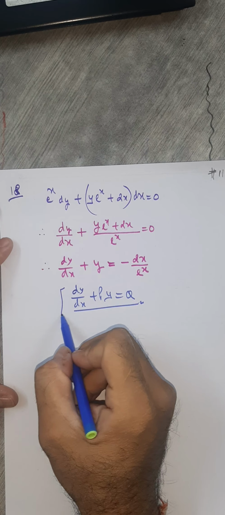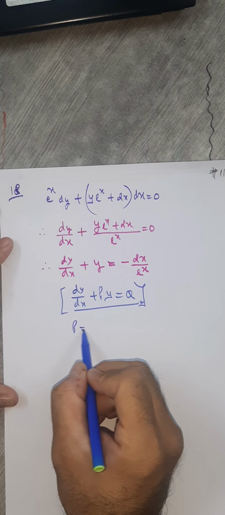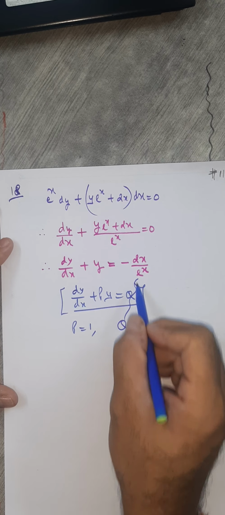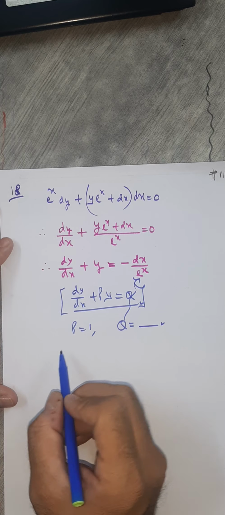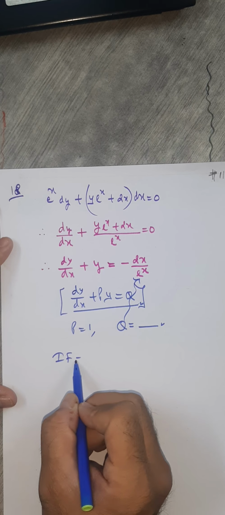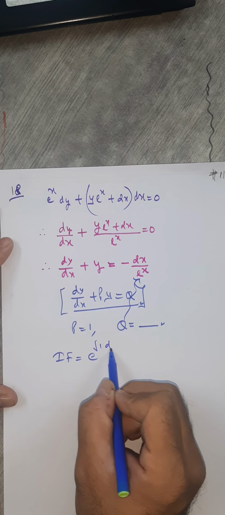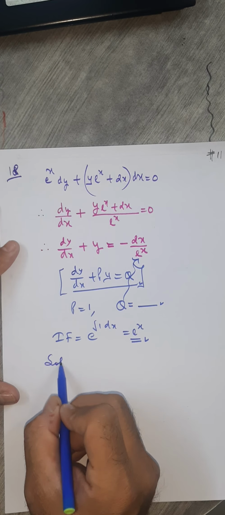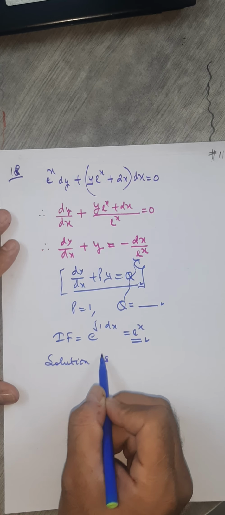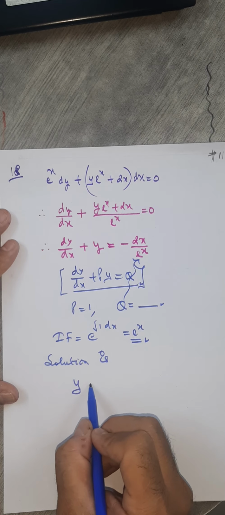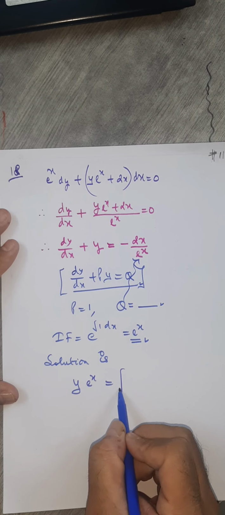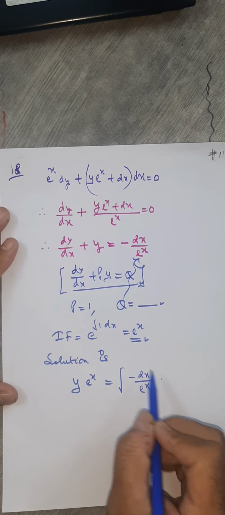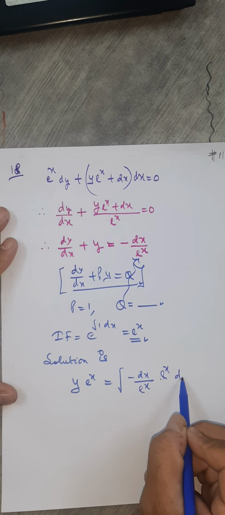Okay, so what is your p here? P is 1. And what's q? This right hand side expression is q, remember. So the integrating factor will be e raised to integral of 1, which is e raised to x. And the solution is given by, what's the solution here? Solution is y into integrating factor equals inside the integral q, that is minus 2x upon e raised to x into integrating factor e raised to x dx.